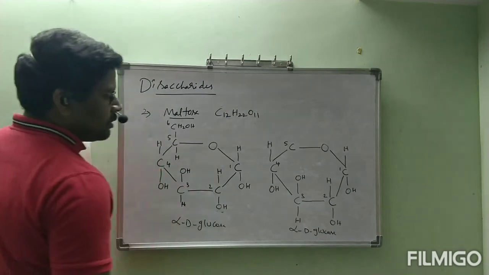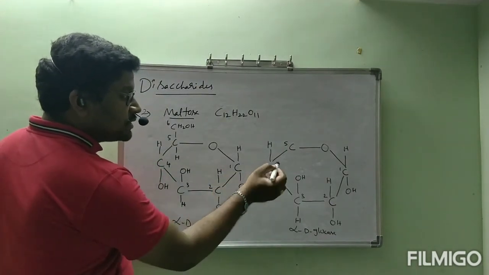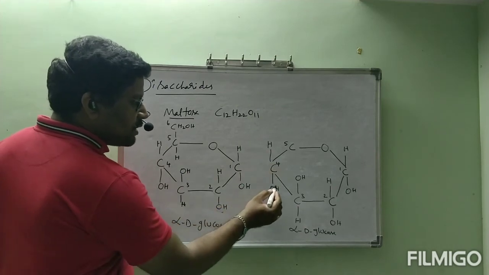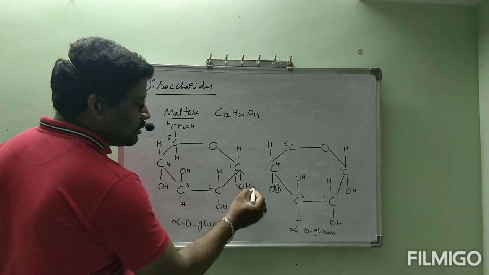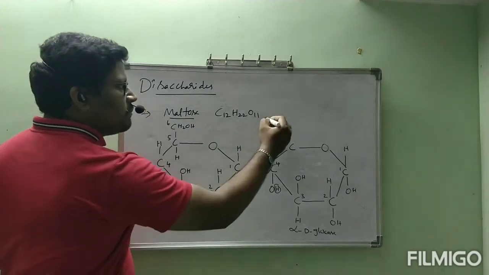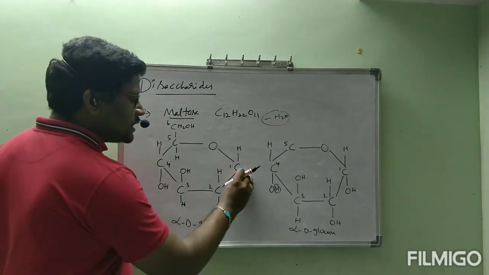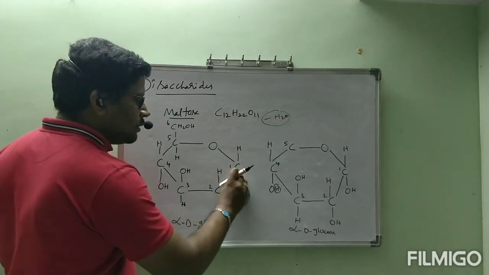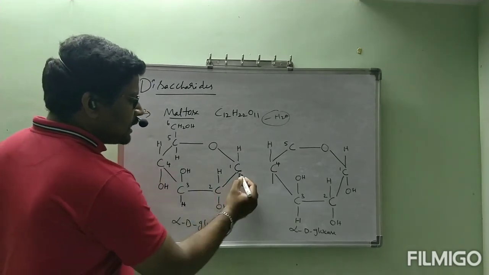Now, observe, first molecule C1, second molecule C4. This H and this OH will be gone out as water, minus H2O. Okay, then remove this H2O. We will get glycosidic linkage.